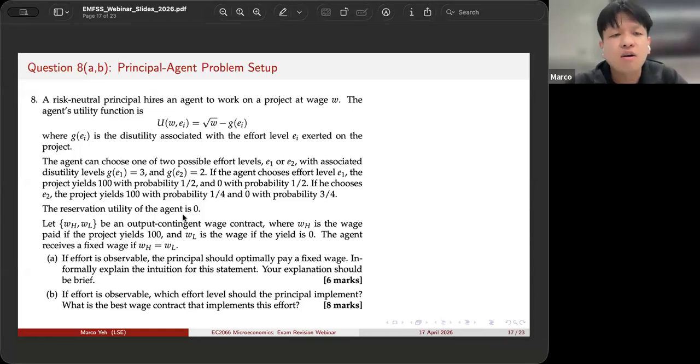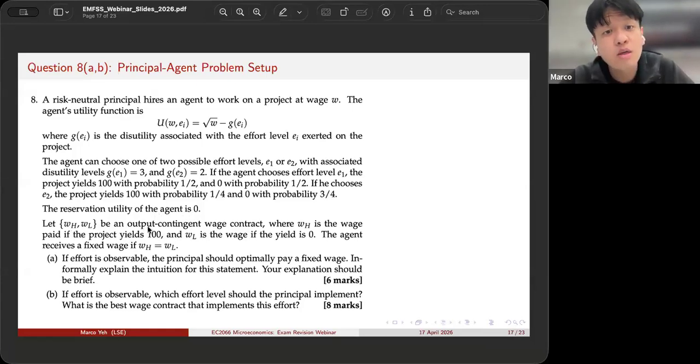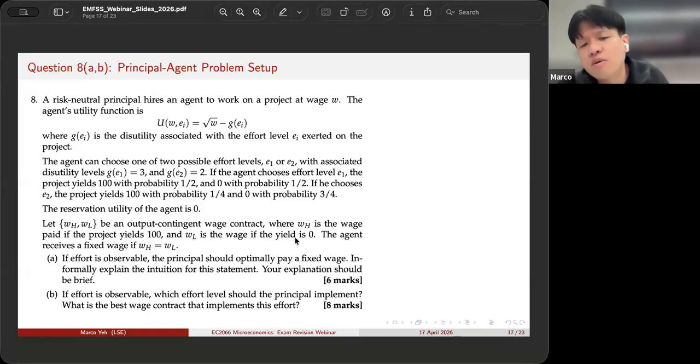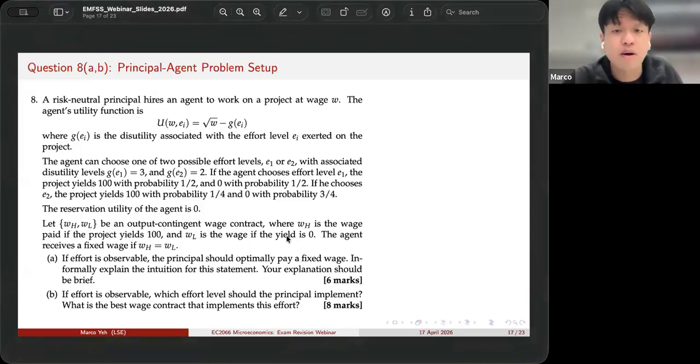Okay. Now, suppose your wage can be contingent on the output, whether it's 100 or 0. So WH is the wage if 100 is yielded from the project, and WL is the wage if 0 is yielded from the project. Suppose the principal can write this sort of contract.